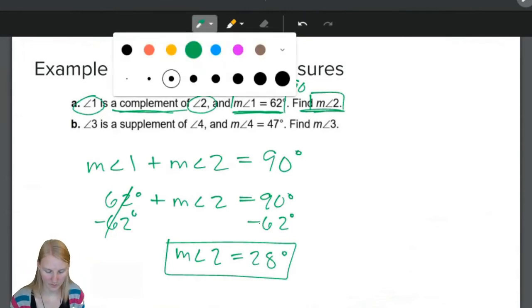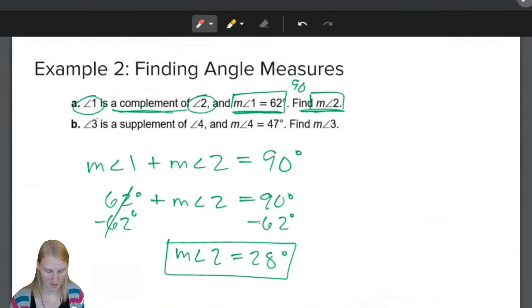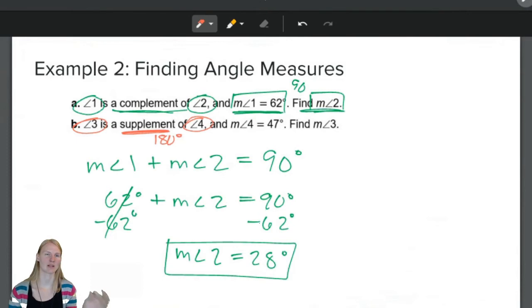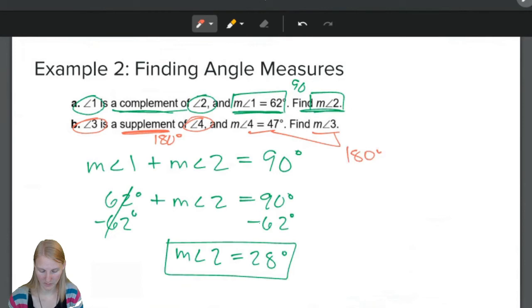For example, the measure of angle 3 is a supplement of angle 4. It's not a vitamin. It adds up to 180 degrees. That's what it means to be a supplement of an angle in mathematics. So together, angle 3 and angle 4 make 180 degrees.